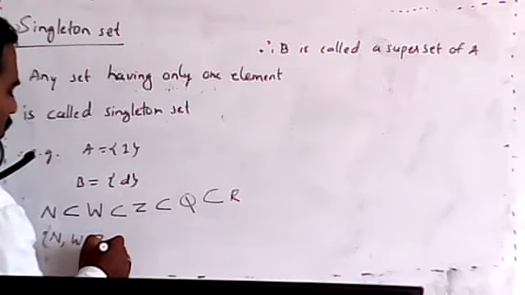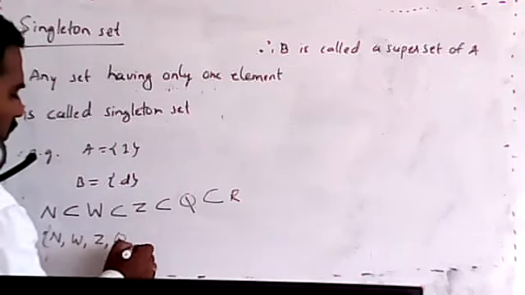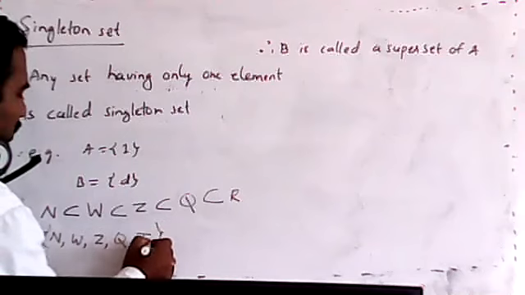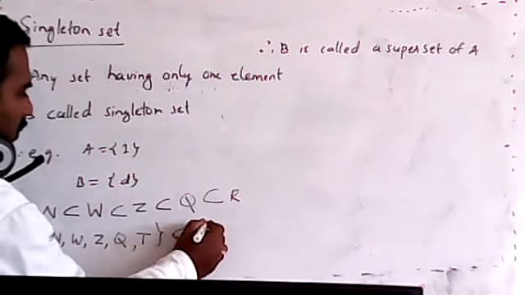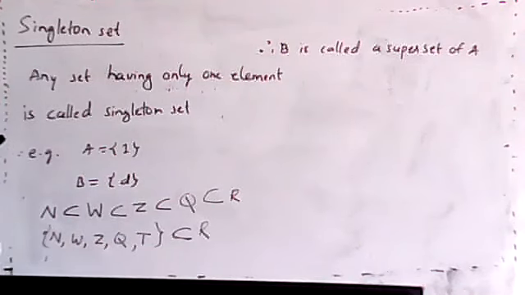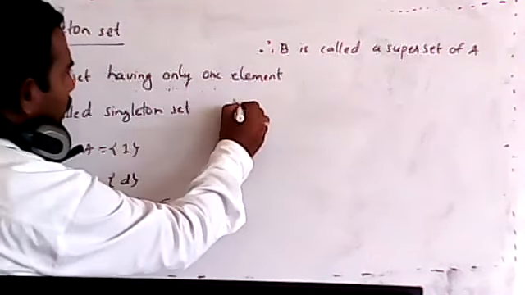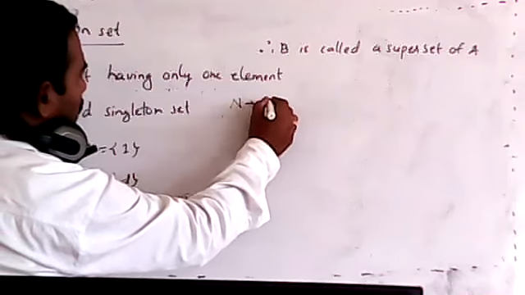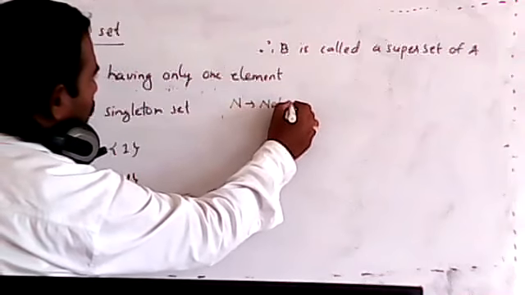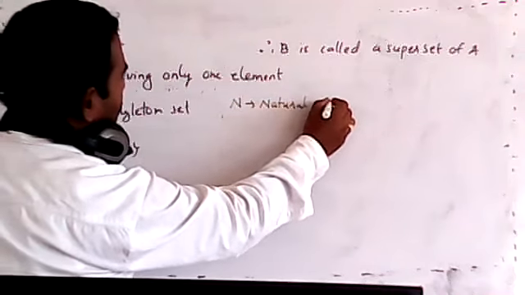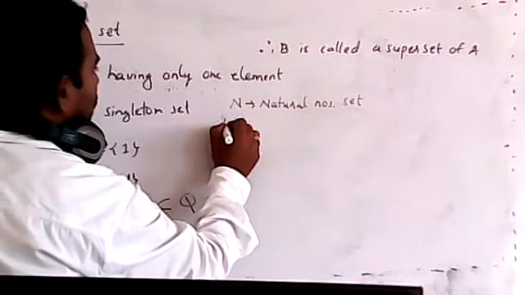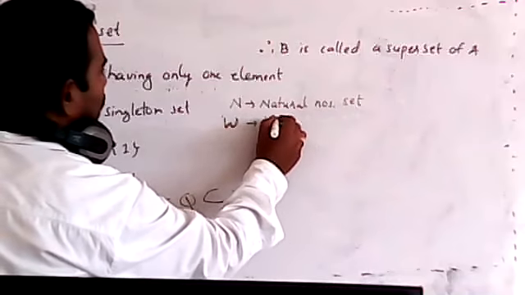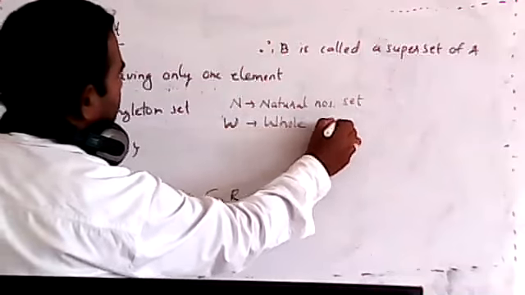Therefore, I am telling N, W, Z, Q, T, where T is the symbol used for irrational numbers, are all subsets of the real numbers. N is the natural numbers set. Similarly, W is the whole numbers set.